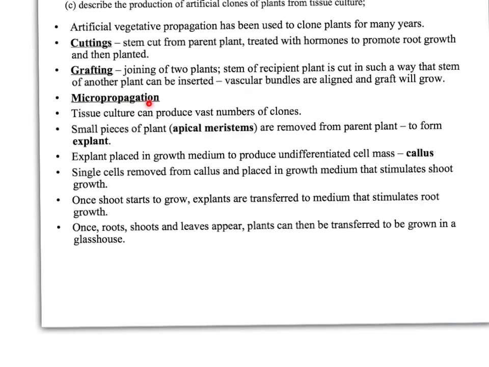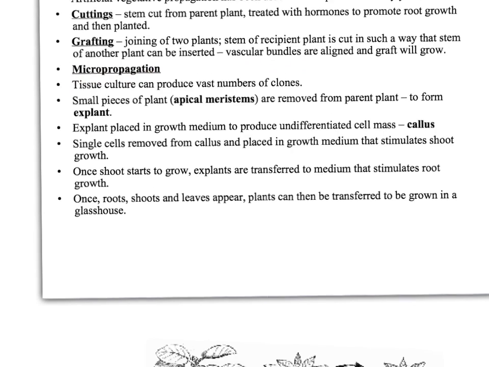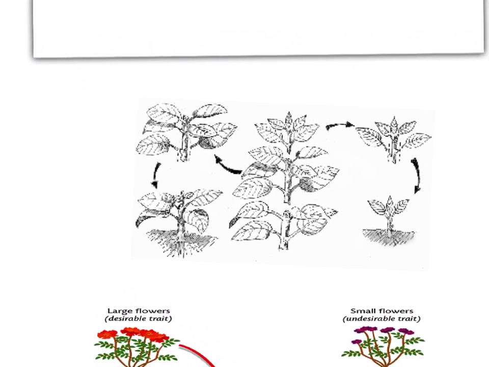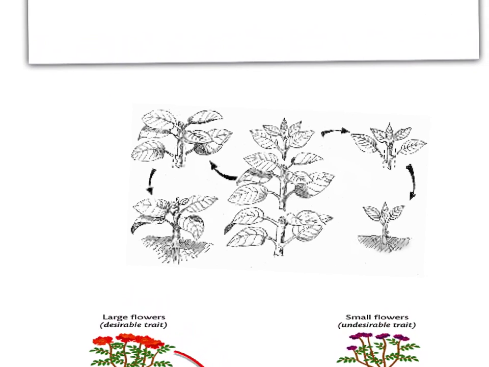Dealing with the cuttings and graftings first of all. Here's a little diagram to illustrate cutting. Here we've got a plant of some sort, and we've cut it. We tend to cut just below where there's been lateral growth, so that we know there's going to be meristem cells here.